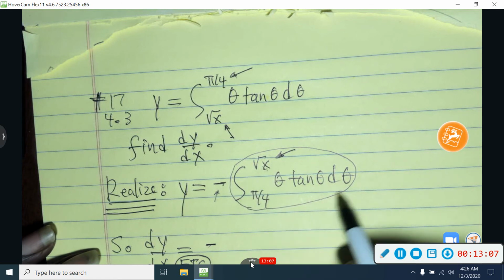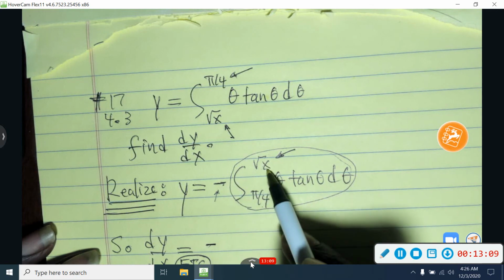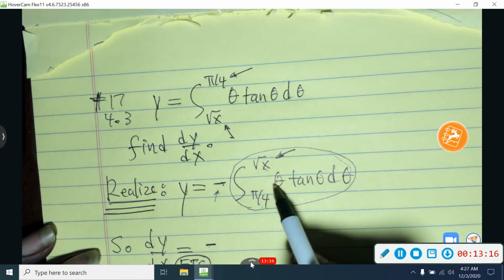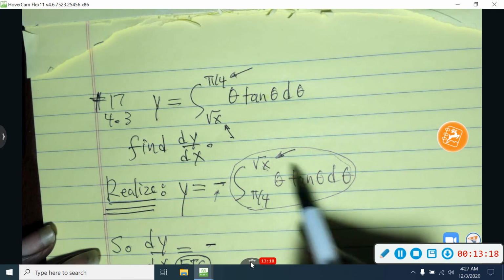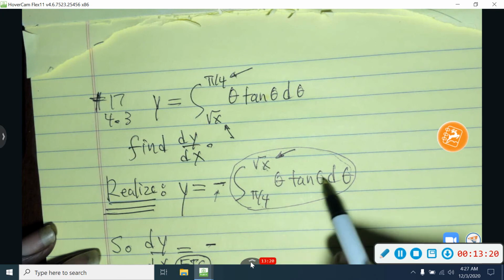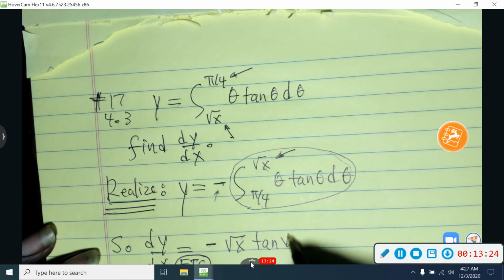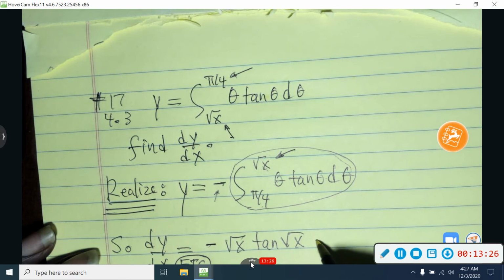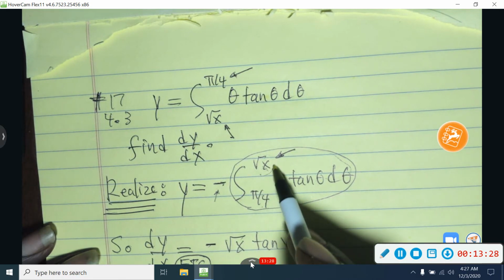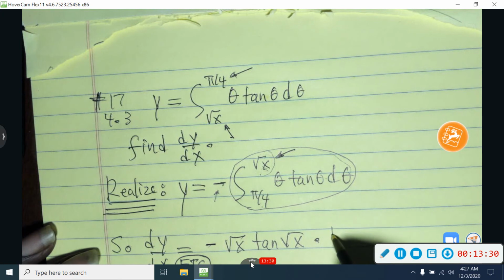So it's the derivative of the function doing the eating, that's the one with an x here. By the fundamental theorem of calculus, part 2, that's putting the x's in for thetas, but don't write that. Into that function, feed who he was eating: square root of x, tangent root x. Don't stop there. Then that's times the derivative of who he was eating. That's root x, that's 1/2 x to the minus 1/2.